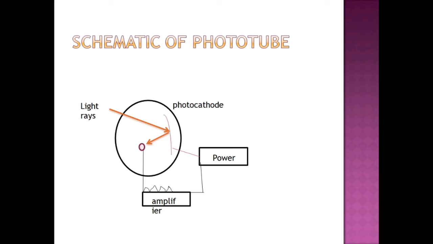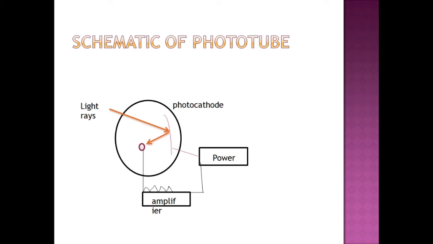When radiation hits the surface of the photocathode, whose inner surface is coated with cesium oxide or potassium or sulfur oxide, the ejection of electrons occurs, and these electrons get attracted toward the anode.